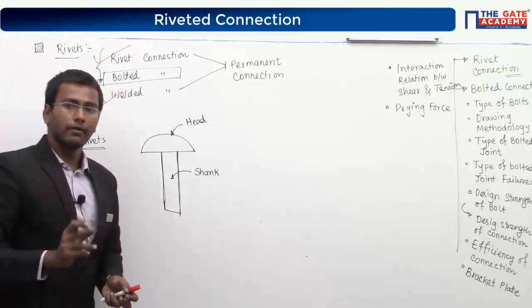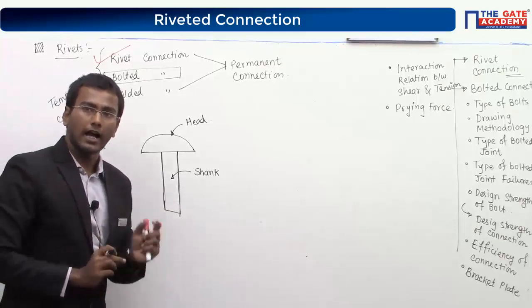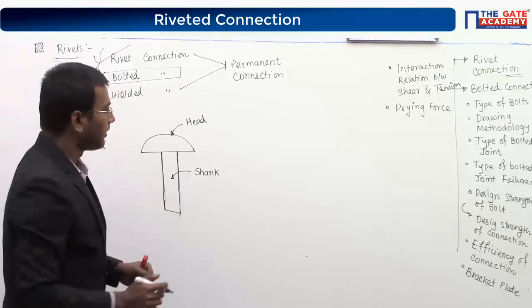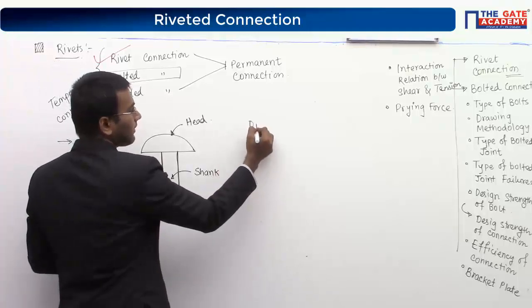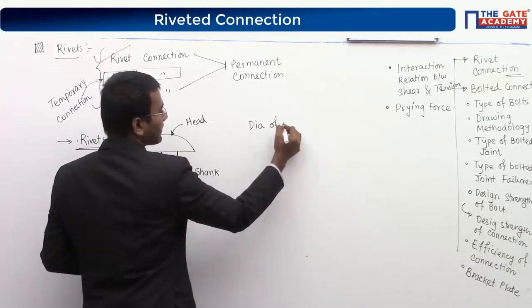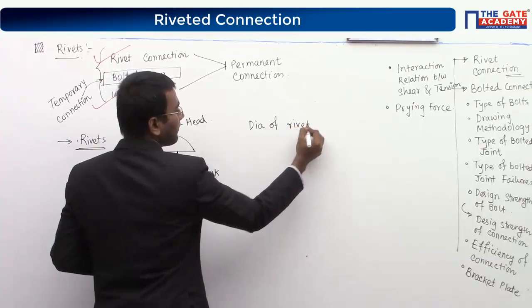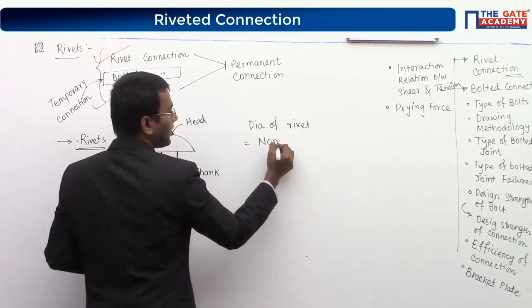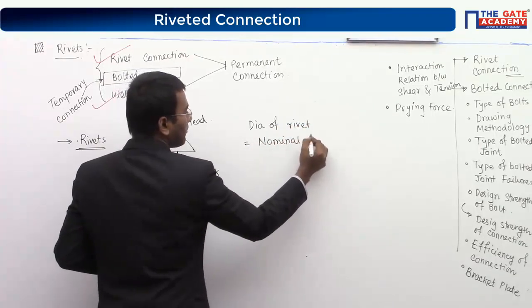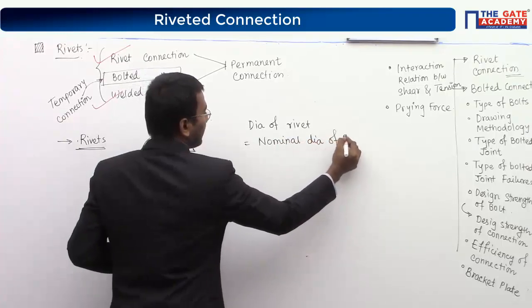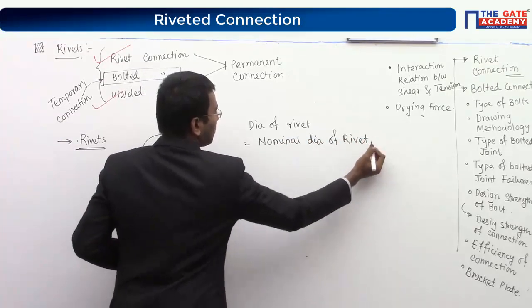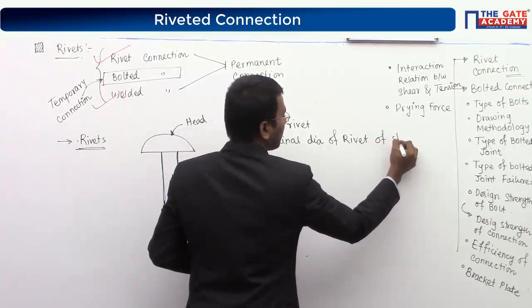Now suppose in a question the diameter of the rivet is given. What is the meaning of diameter of rivet? It is nothing but the nominal diameter of the rivet shank.